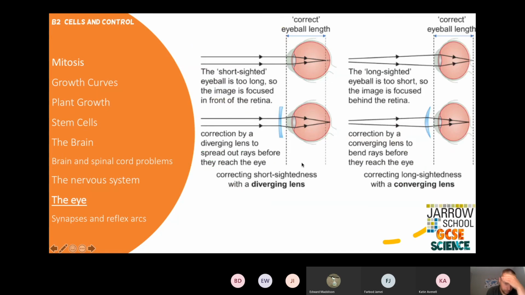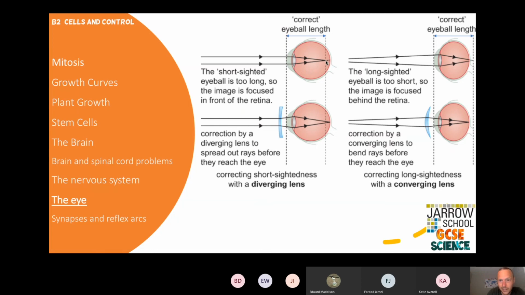Right, eye problems. So the first thing is long and short-sightedness. Short-sightedness is when the light converges too short. This is caused when your eyeball is too long, or it could be a problem with the front of your eye as well. It's converging light too much.